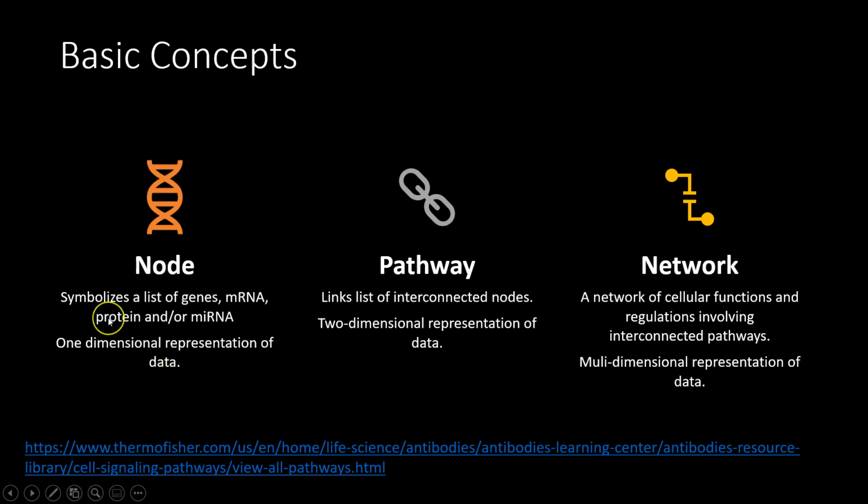So these are the individual genes and proteins and mRNAs or microRNAs that you input into the software, to the pathways that are associated with those nodes. And then finally looking at the larger networks, which are the bigger cellular functions or regulations that are involved when looking at these nodes and the pathways associated with them. So network is your multidimensional representation of the data, while node is the one-dimensional single gene effect or single protein effect.